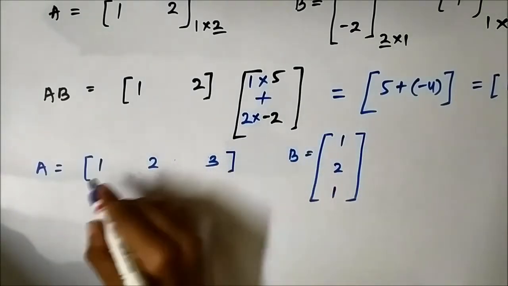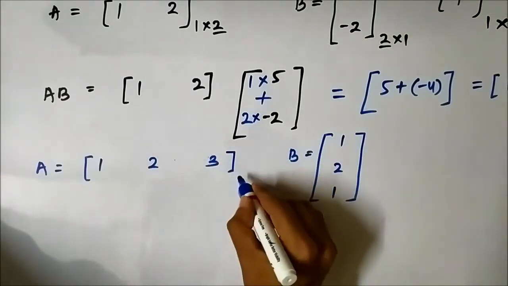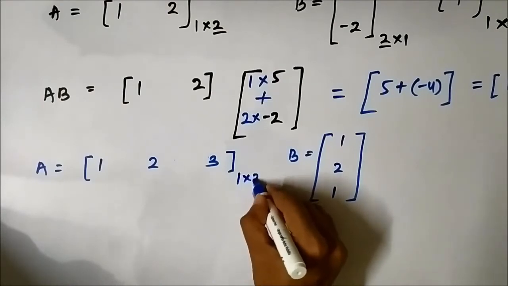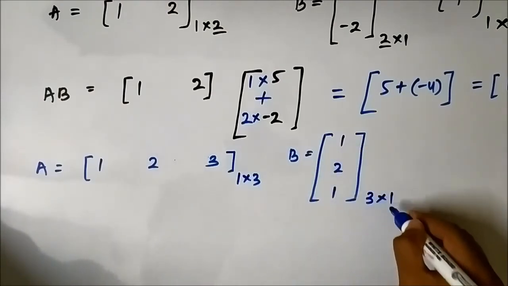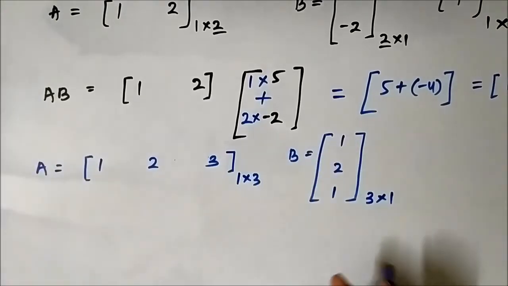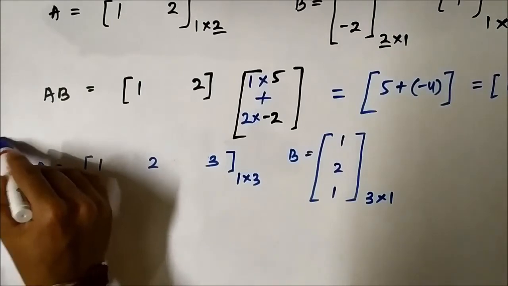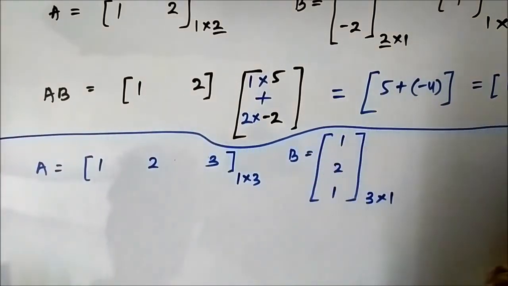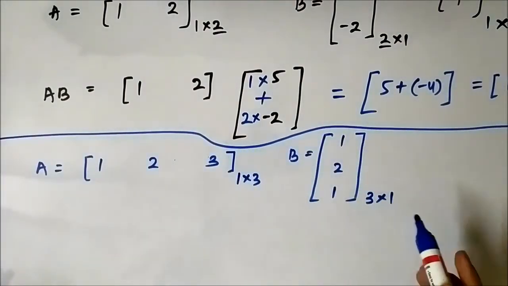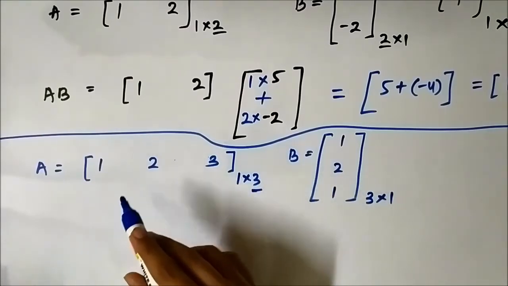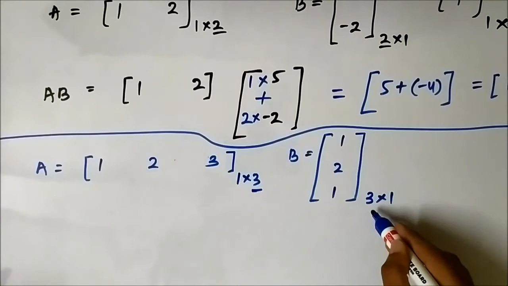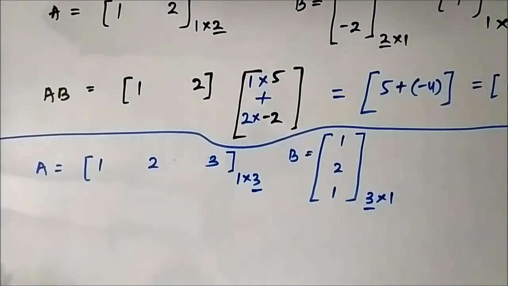So this is a row matrix with one row and three columns, and this is a column matrix with 3 rows and 1 column. So these two matrices are eligible to be multiplied because the number of columns of the first matrix, that is A, is equal to the number of rows of the second matrix, which is B.